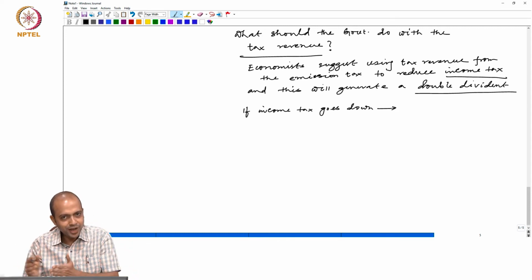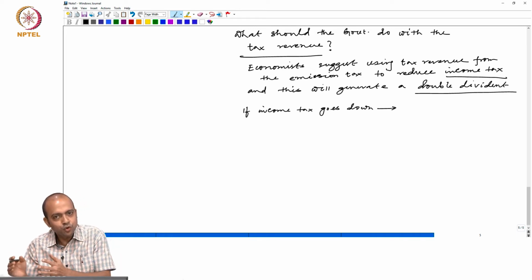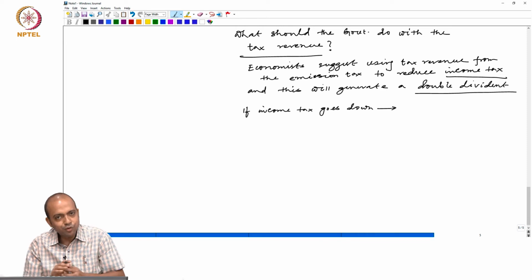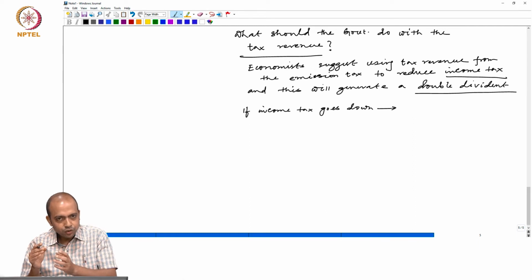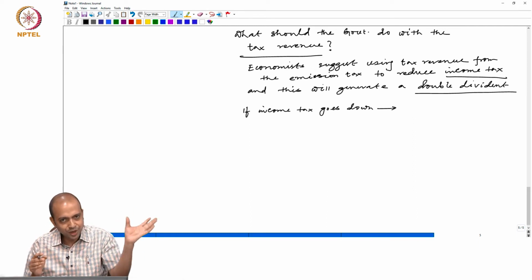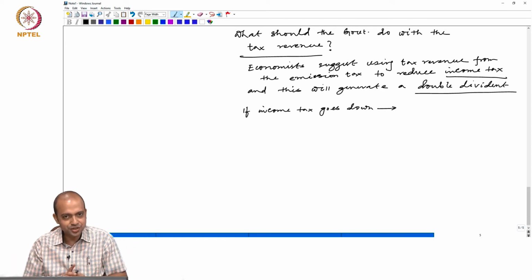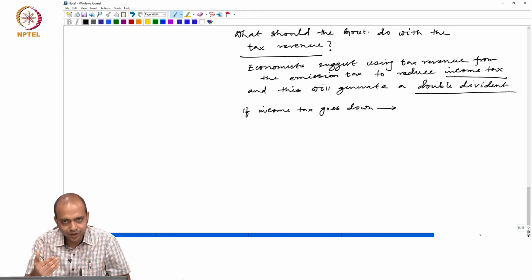When my income tax is less, I have an incentive to work more apart from my regular work. Suppose I am working here in IIT Madras, I now have an incentive to teach in IIM Bangalore or IIT Tirupati or some other organizations. If I see that income tax is less, I have an incentive to supply more labor.